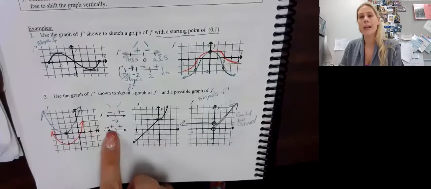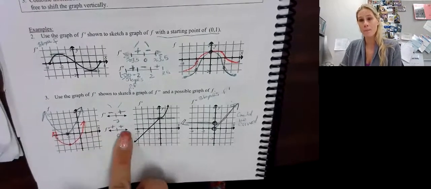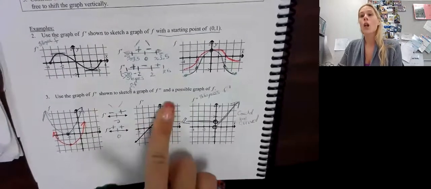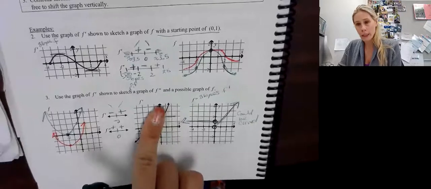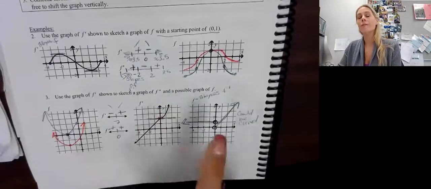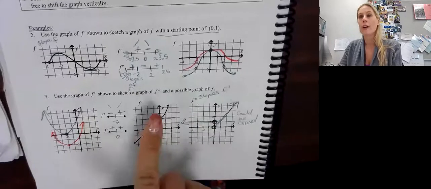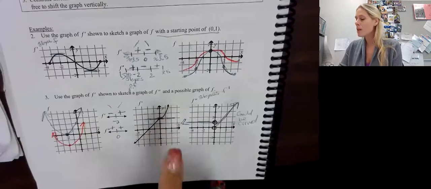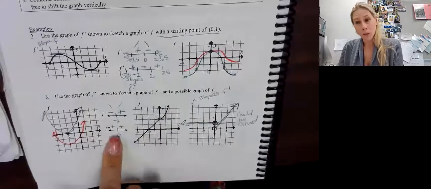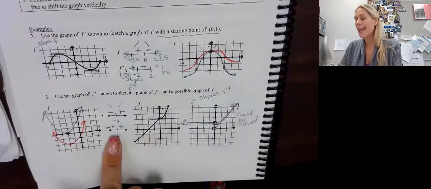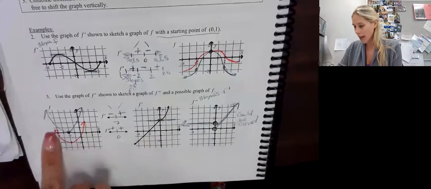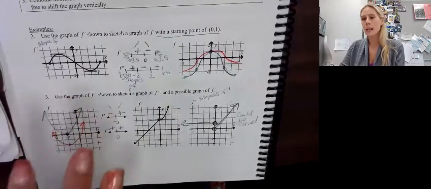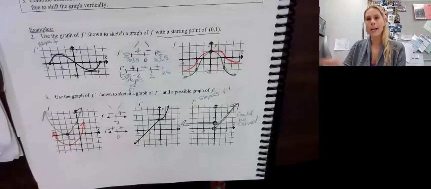So as you can see, when I was dealing with f double prime, I was looking at the slopes of f prime, looking at it as increasing, decreasing, because f double prime is the first derivative of f prime. No, that's kind of tongue twisting. But when it comes to the original, it talks about concavity. Concavity of it being up. Try this out. It will take time. Ask questions.